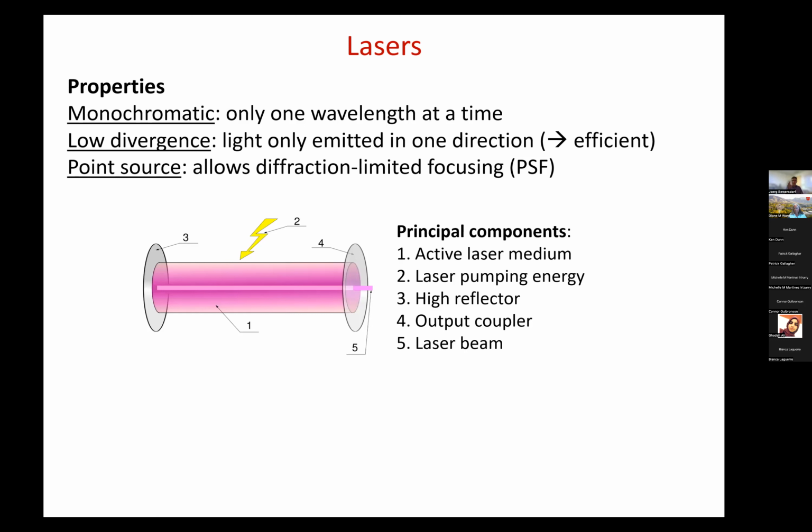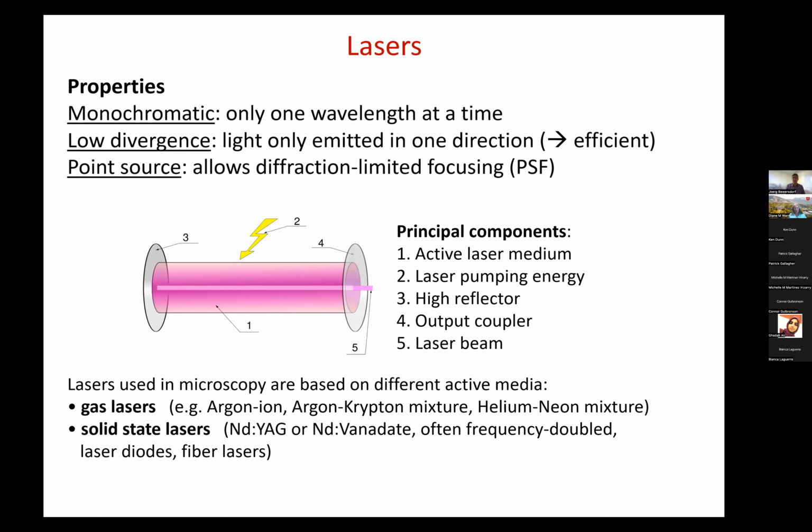So this is just showing here some of the principal components of a laser. I'm not going into depth here. What I want to point out is that you can use different kinds of active laser media, that the pump energy can come from different sources, etc. And that just means there's a number of different laser technologies out there, especially in older microscopes. For example, you find gas lasers still.